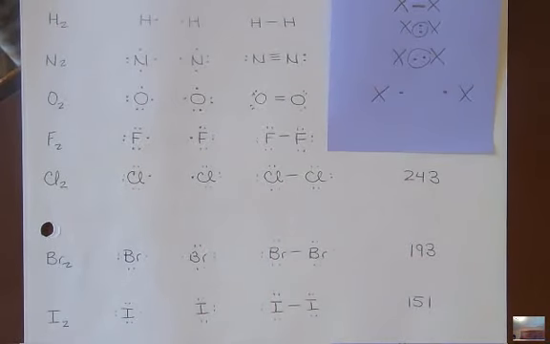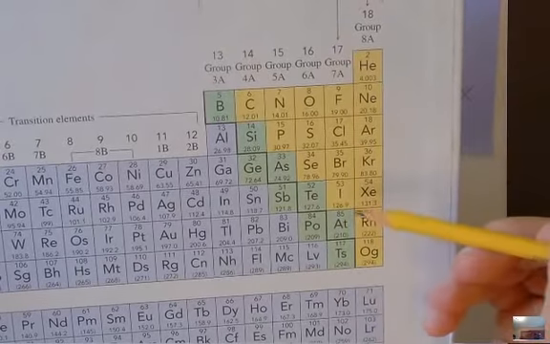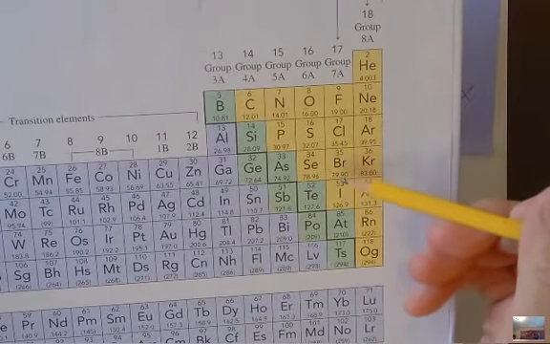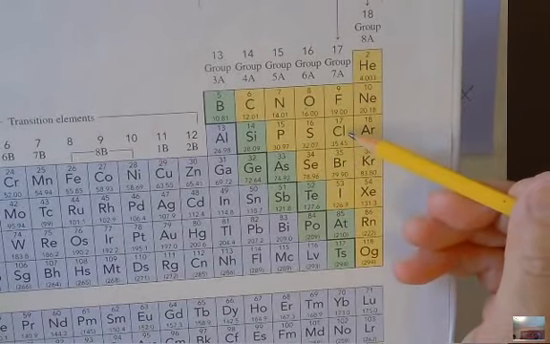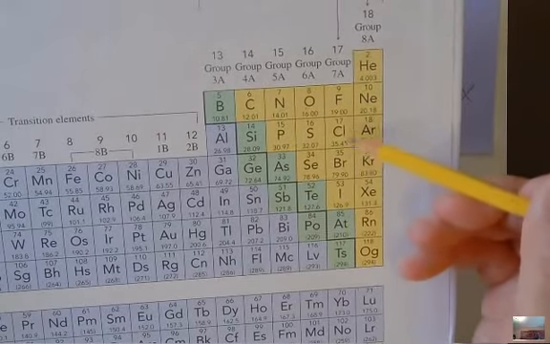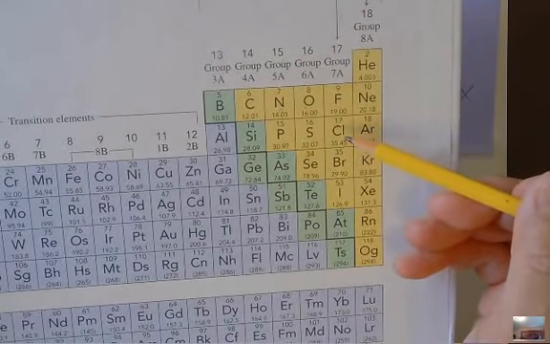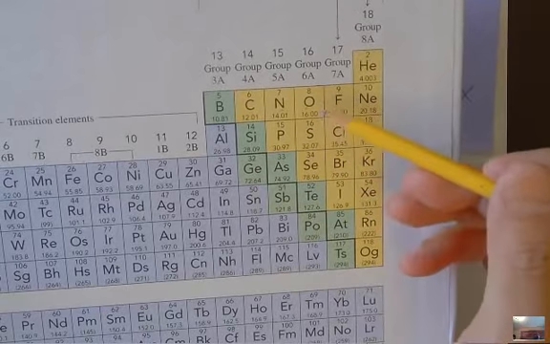So from the periodic table, bond strength, everything else being the same, these are all single bonds, right? All single bonding species. Bond strength would be greatest for chlorine compared to bromine compared to iodine, okay? Cl2 bonds are stronger than Br2 bonds, are stronger than I2 bonds, okay?